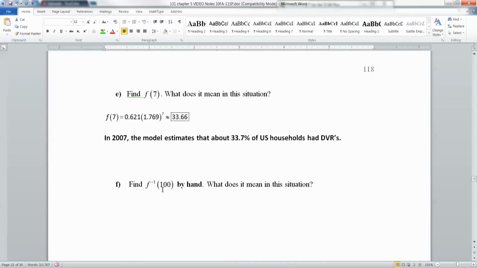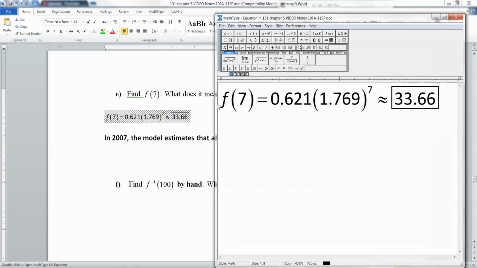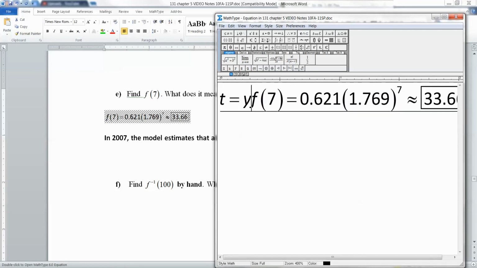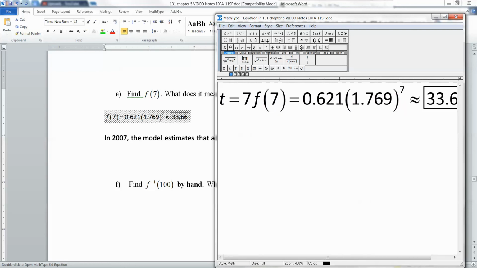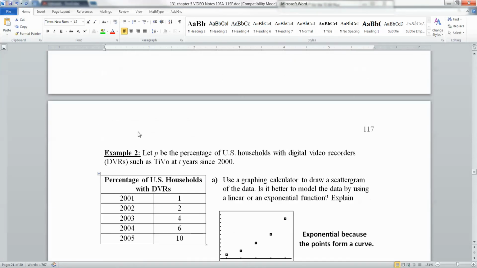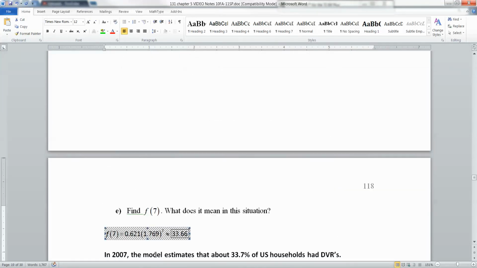Remember that when you look at the parentheses inside a regular function, like the 7 here, that 7 means that t is equal to 7, and then they're asking you for the percentage.